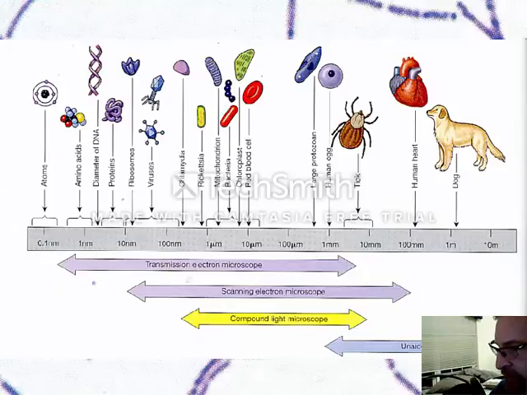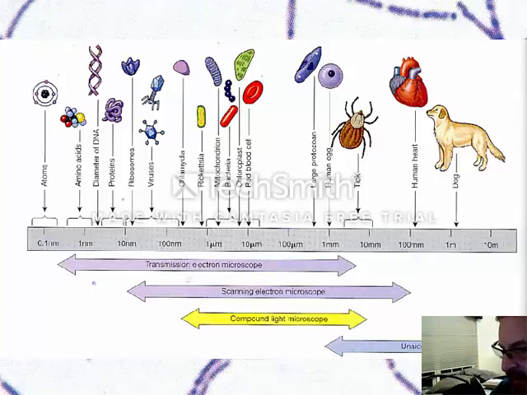Here's some more examples of things like some insects or a dog you'd be able to see with the unaided eye. But when you get into the light microscope range, then you're starting to be able to see things like red blood cells or different sizes of bacteria.